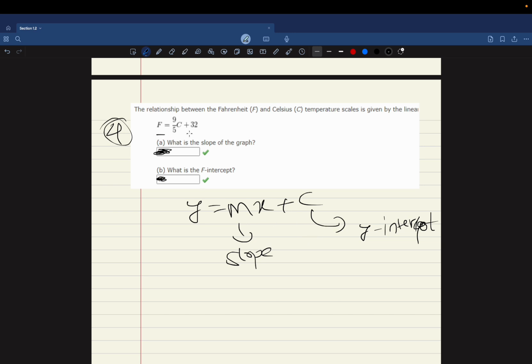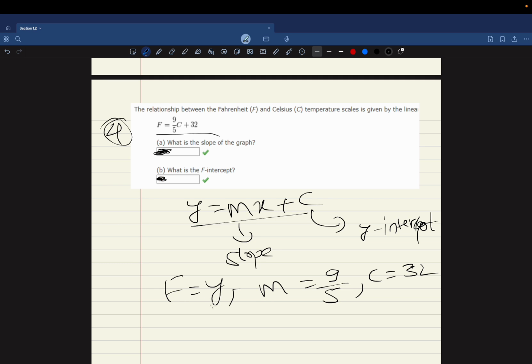So we just need to compare this equation with this. In this case, F is equal to y, and then m is equal to 9/5, and c is equal to 32.